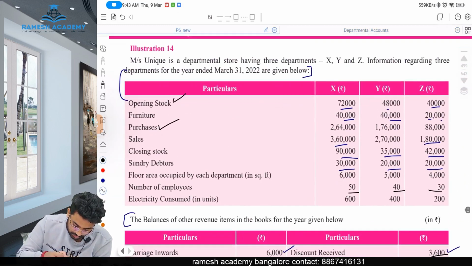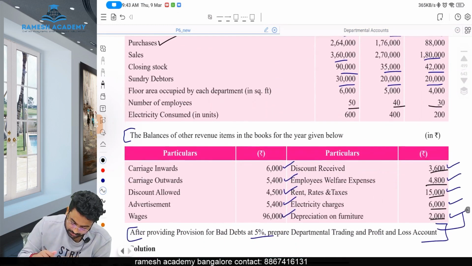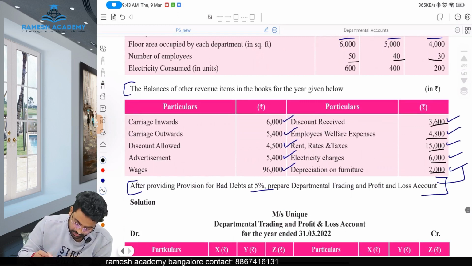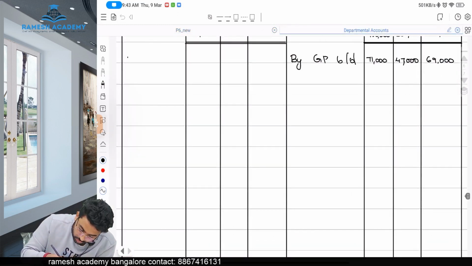Opening stock, furniture, purchases, sales, closing stock, sundry debtors, number of employees, electricity consumed. Carriage inward is done. Carriage outward is there, to carriage outward.